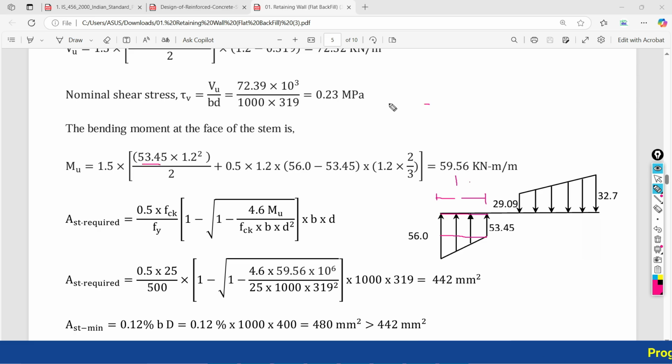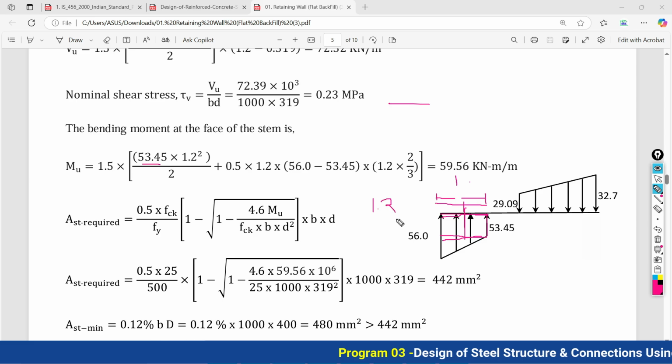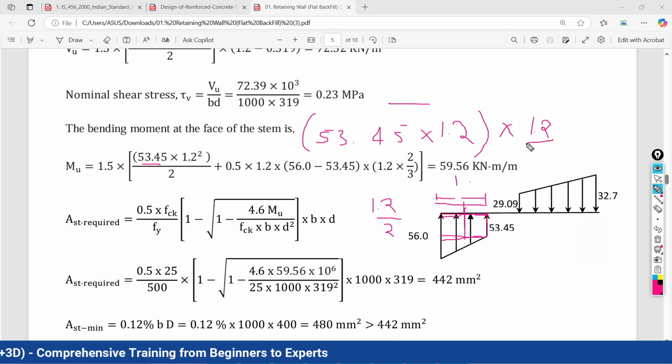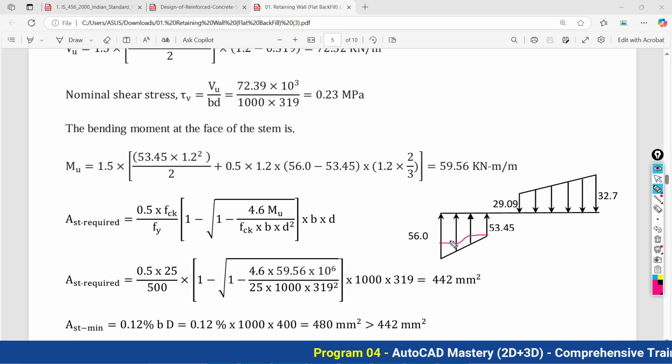So 53.45 multiplied by 1.2 is the area. Then half of this 1.2, that is 1.2 divided by 2. So 53.45 multiplied by 1.2, this area multiplied by 1.2 divided by 2. So 1.2 squared divided by 2. This is the formula we get for the moment for this rectangular area.